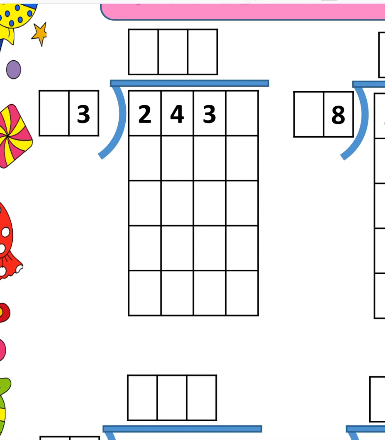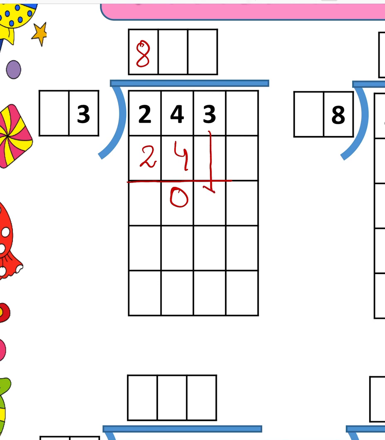Now just have a look, 243 is there and 3 is there, so we have to divide 243 by 3. The same thing happens here: we can't divide 2 by 3, so we take the whole 24. Again the table of 3: 3 eights are 24, so there is a 0.